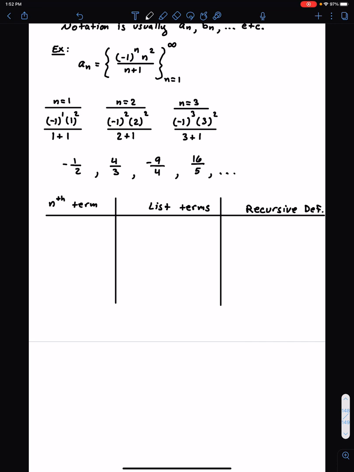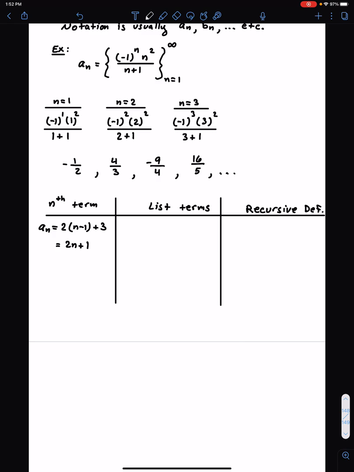So nth term, a sub n equals 2 times (n minus 1) plus 3. If I simplify this, I get 2n plus 1.